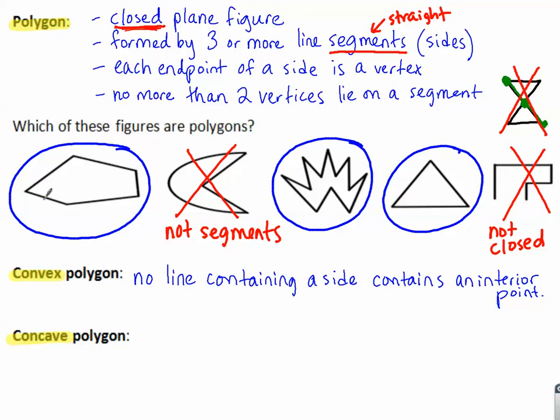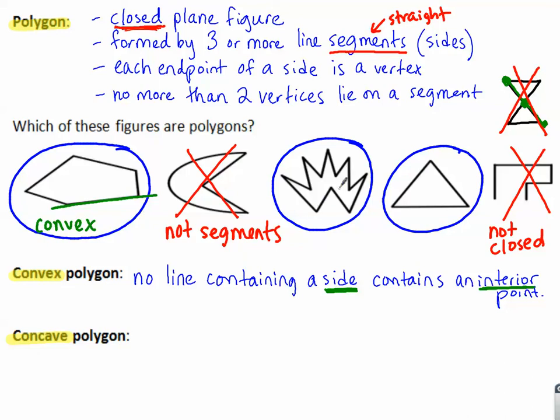Basically, if I take any of the sides that are here and I trace over any of the sides, it does not go into the interior of the polygon. No line containing a side. So if I trace a side, it will not go into the inside of that polygon. So for example, any side I trace over here stays on the outside. This one, therefore, is convex.